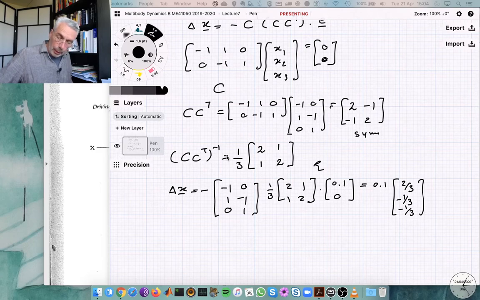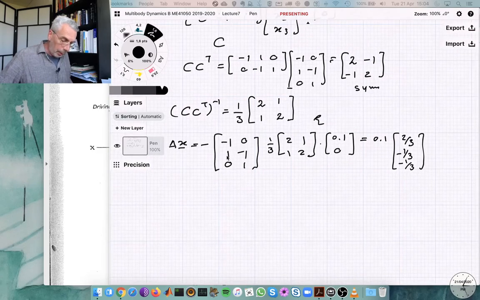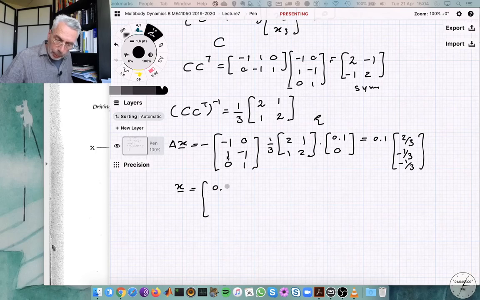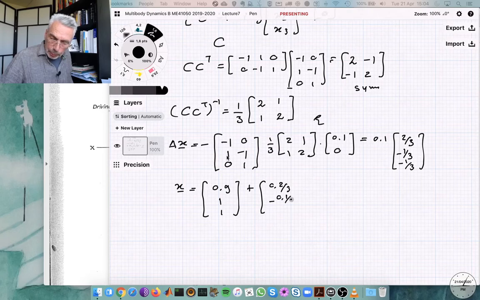Yeah, okay, looks okay for now. Now the final solution is of course our estimate plus our increment, which is 0.2 divided by 3 and minus 0.1 divided by 3, minus 0.1 divided by 3.